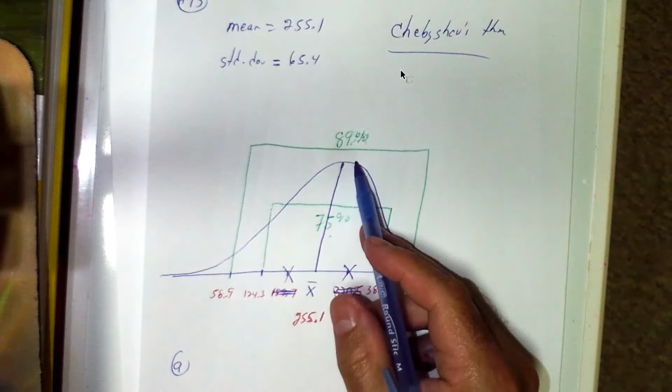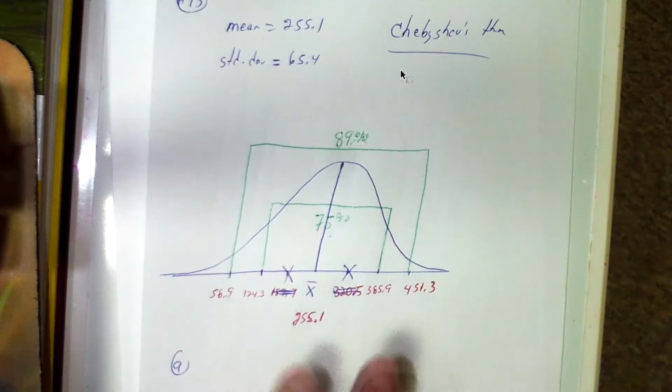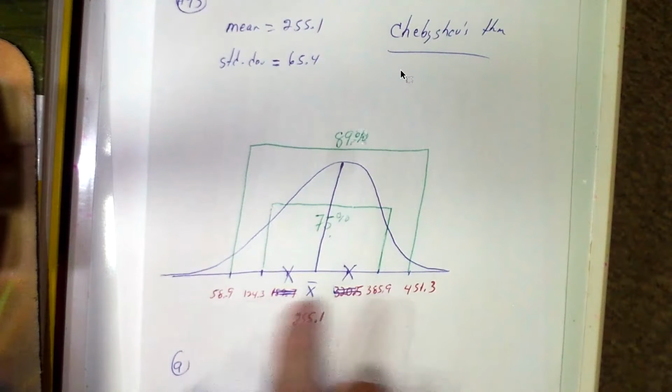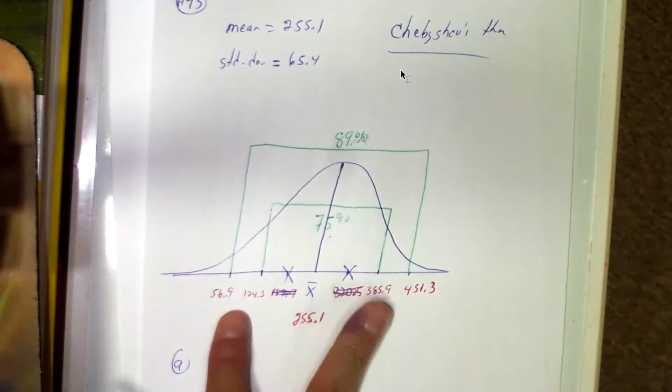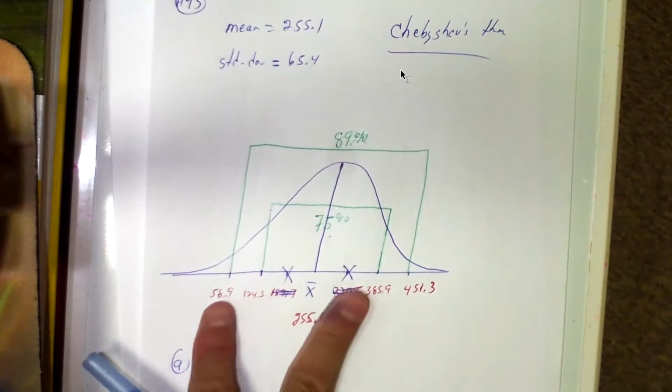All right, so let's go back to our graph and see what we can figure out with that. I need to know, is it 75 or 89%? I need 3. Oh, okay. So the 3 are the ends. The 3 in the ends are the 3 standard deviations of the mean.